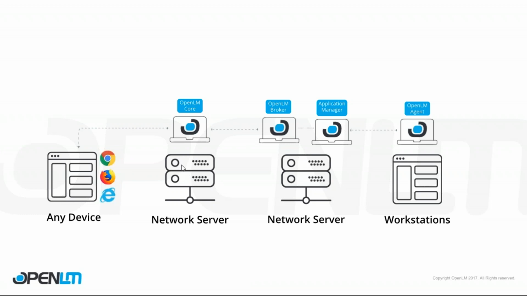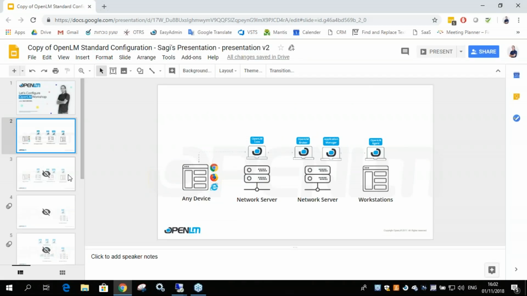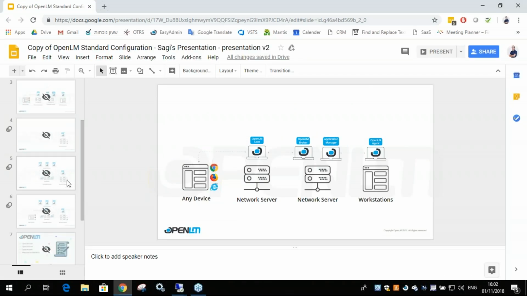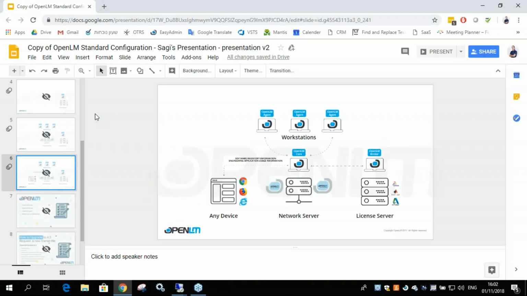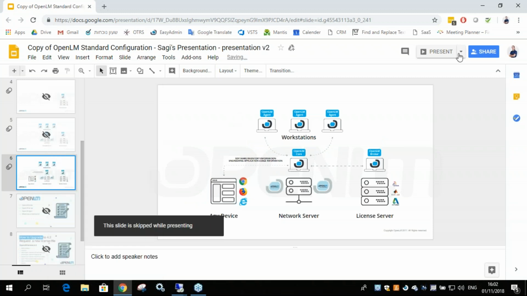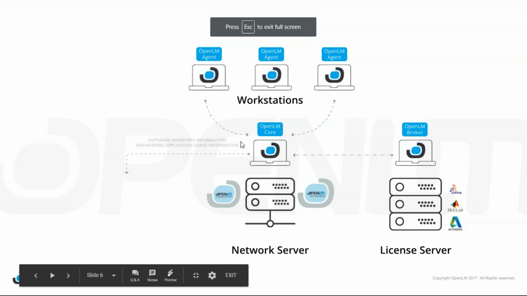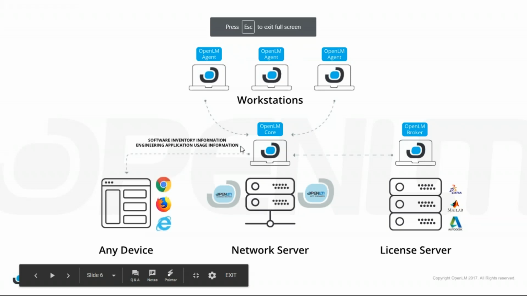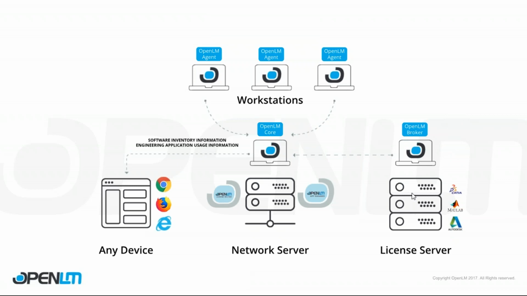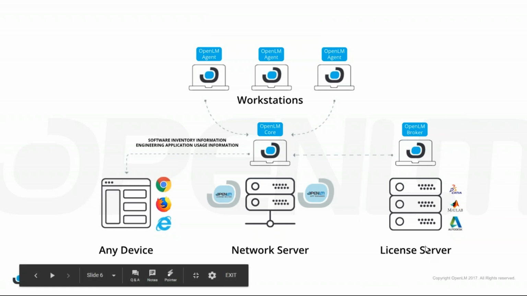Now, this is for the App Manager. In order to see what is done for the core product, one moment, let me show you. So the core product pretty much acts like this. You have a license server, you have vendors on it. So you install the OpenLM Broker on that license server.